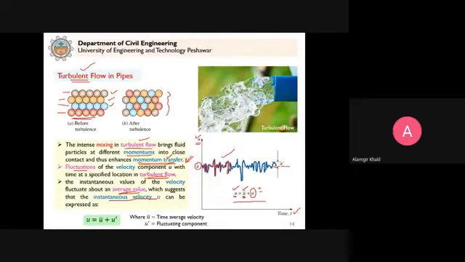The instantaneous velocity at any instant will be equal to u bar, the time average, plus u dash, the fluctuating component. Clear? So, for example, here is the time average velocity, and then you have this u dash here. At that instant, u will be equal to u bar plus u dash.